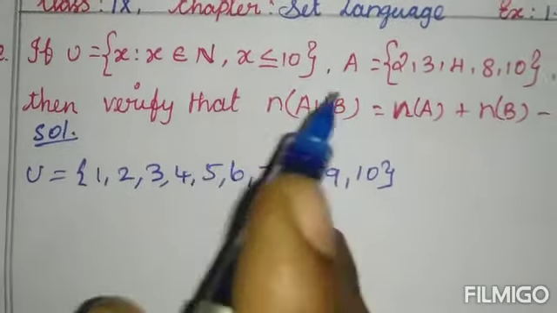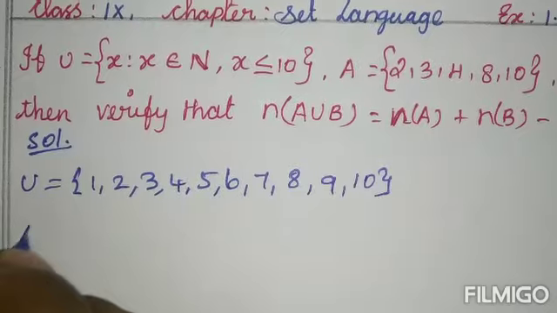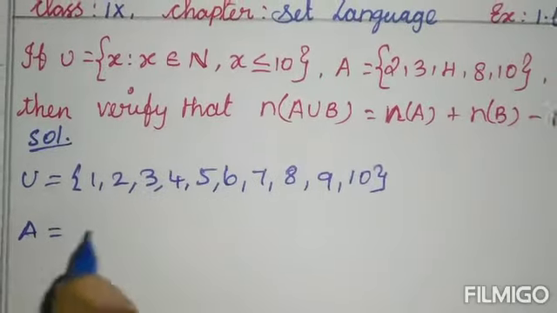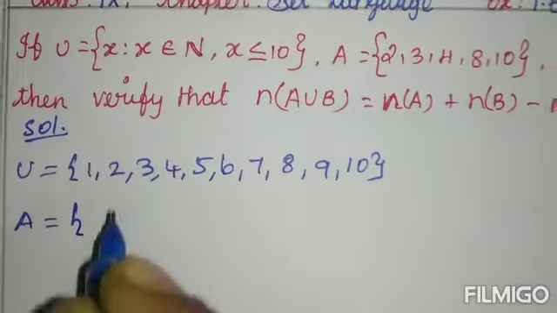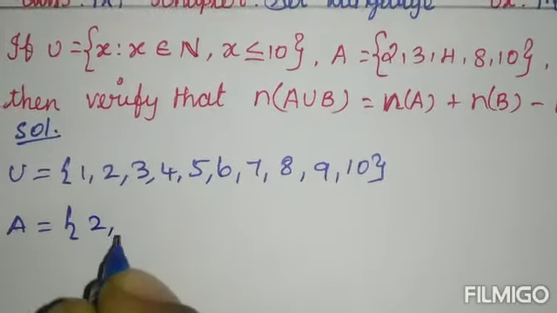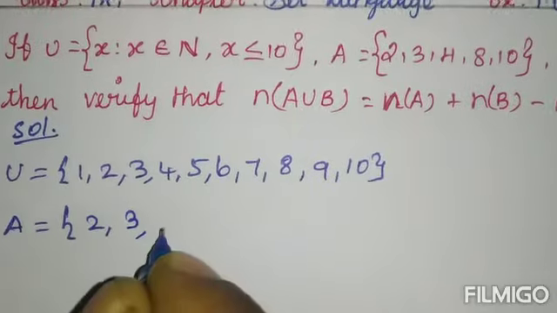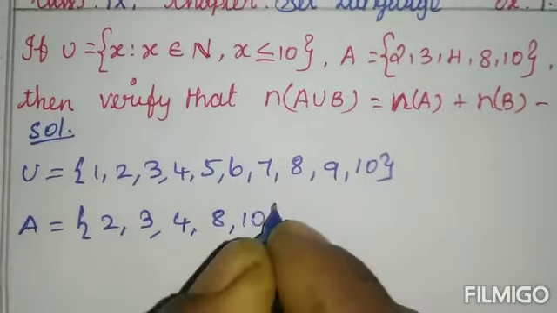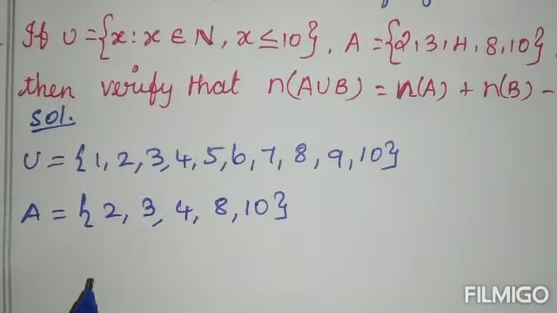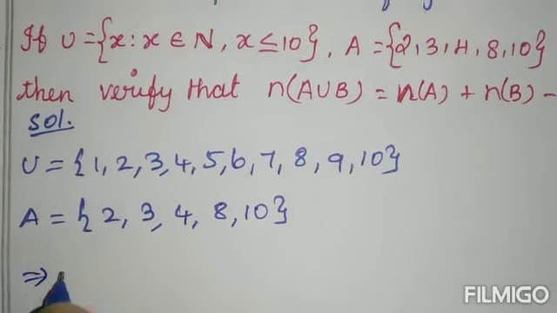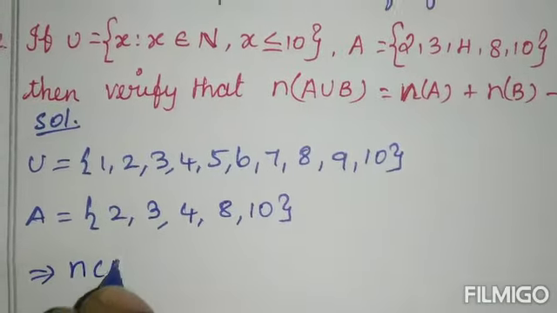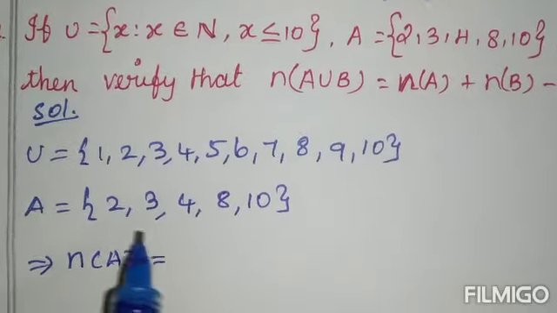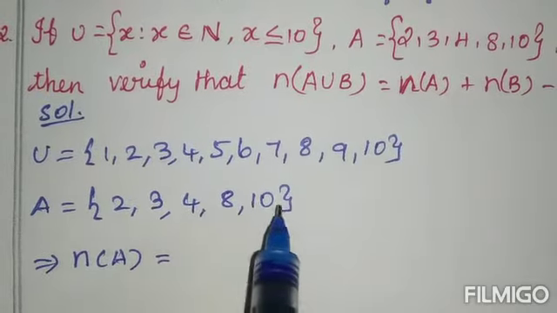So next, A is given already. A is equal to the set of all 2, 3, 4, 8, 10. We need the number of elements in the set A. So n of A is equal to, we have to count the elements: 1, 2, 3, 4, 5.